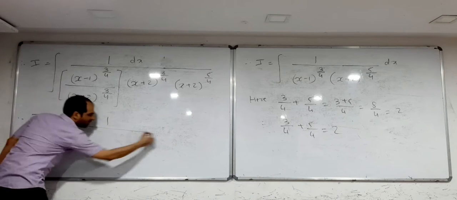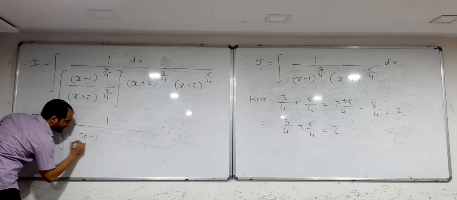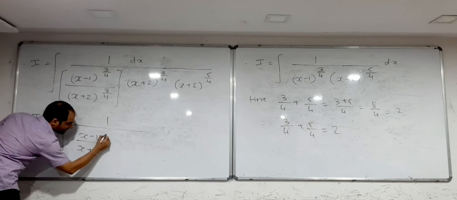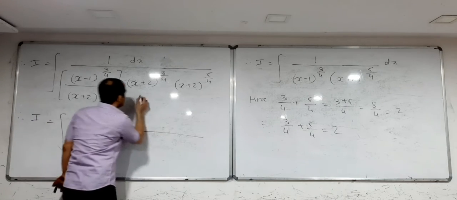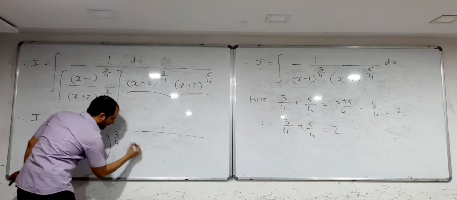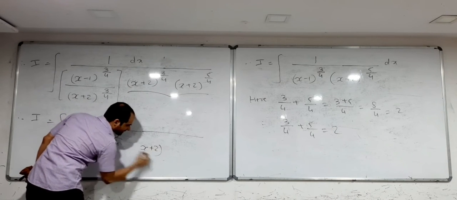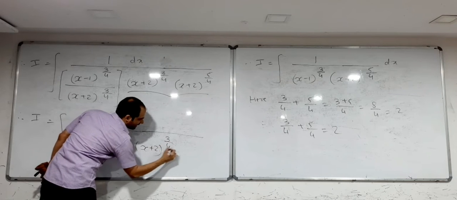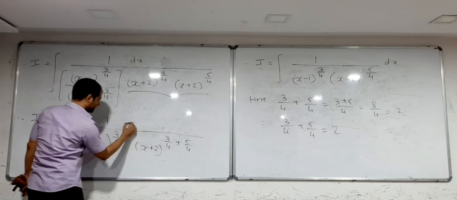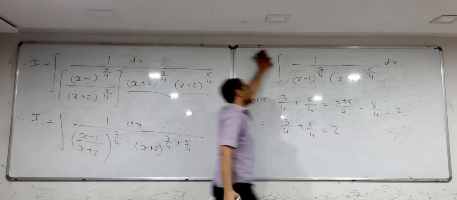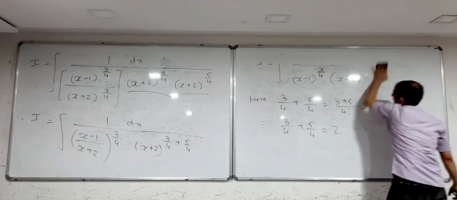now 1 upon, this is in the form of (x minus 1 upon x plus 2) whole raised to 3 by 4. Here in these two, the bases are the same, so the powers will add. So (x plus 2) raised to 3 by 4 plus 5 by 4, dx. Okay, now see the magic what will happen.